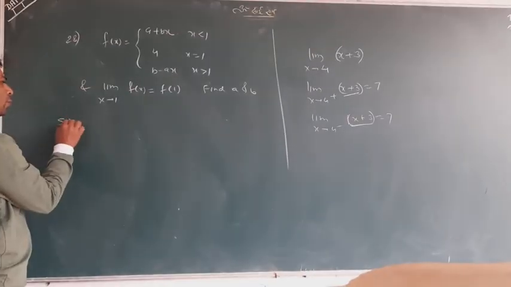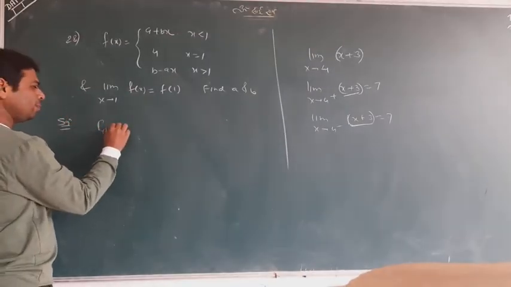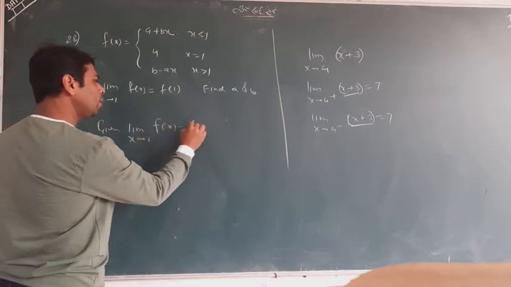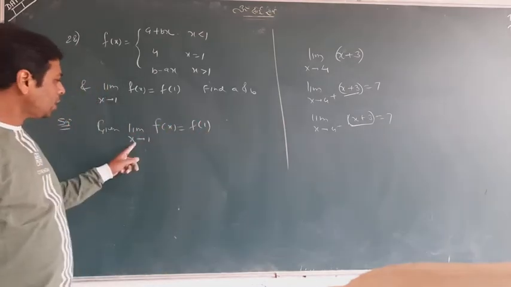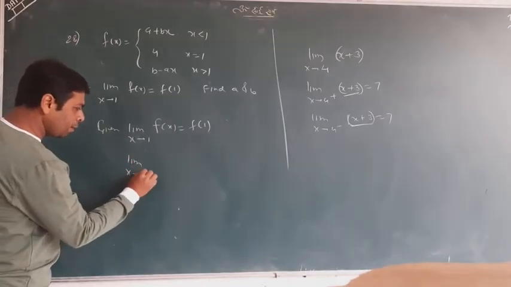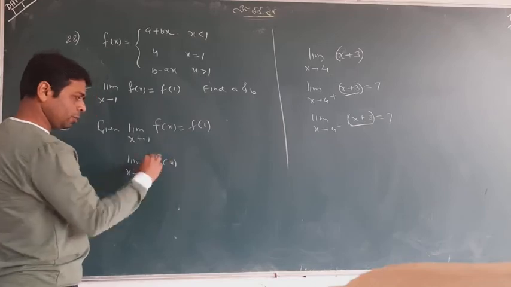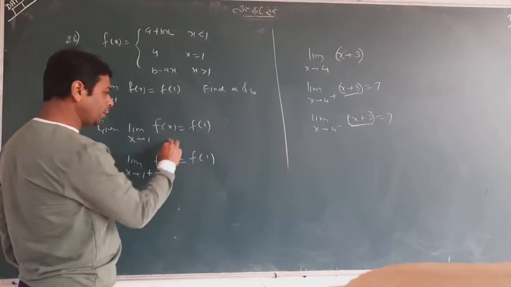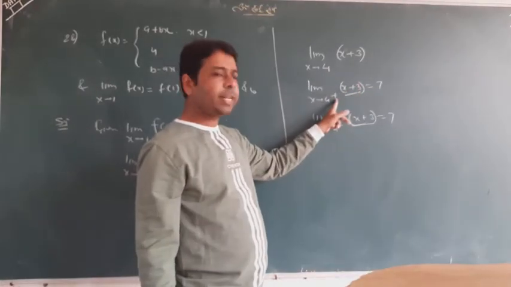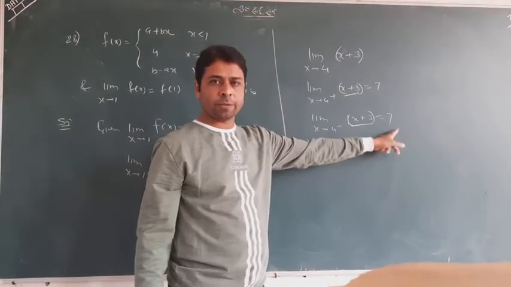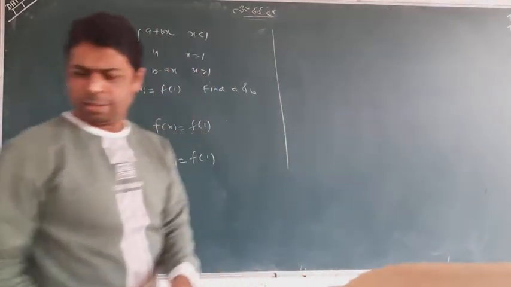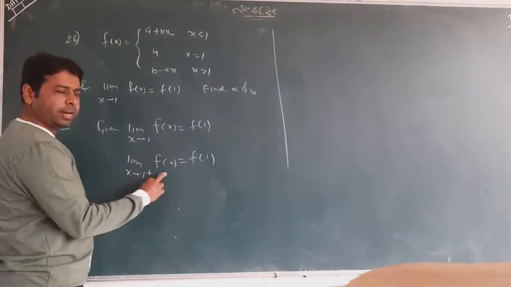How can we start the question? Given limit x tends to 1, a very important thing I am writing, this is given. So this is limit x tends to 1 of f of x. If I say 1 plus, I will get the same answer because the function is not changing. As I taught you, when the function is not changing, for the right hand limit and left hand limit you get the same answer. Same I am doing here: the function is not changing and I change to 1 plus.